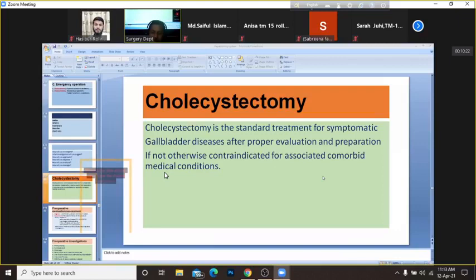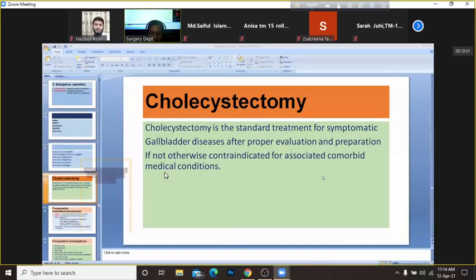So if we only remove the stone, the symptom will not be completely relieved, and moreover within a very short time the stone will reform because all the machinery for the formation of the stone is there. And moreover, the gallbladder is not so essential for our body function, not like kidney, not like heart, liver.